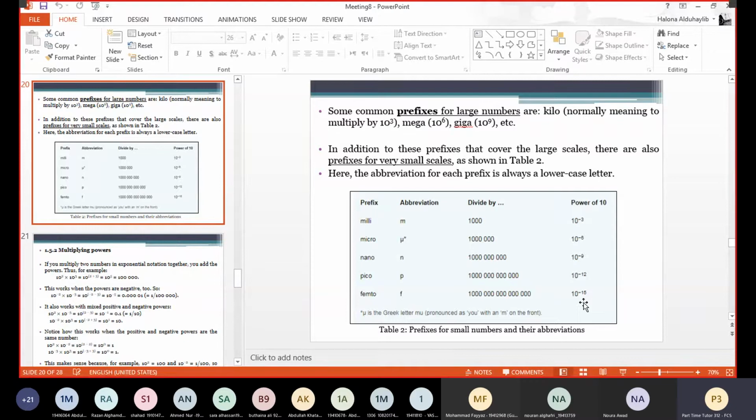You need to memorize these symbols, the abbreviations for milli, micro, nano, pico, femto. And also you need to memorize the values of the power, as you might get any question related to them and getting the equivalent values.